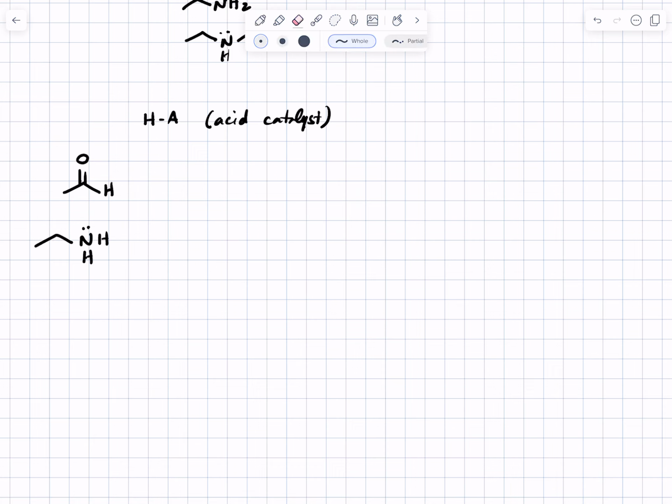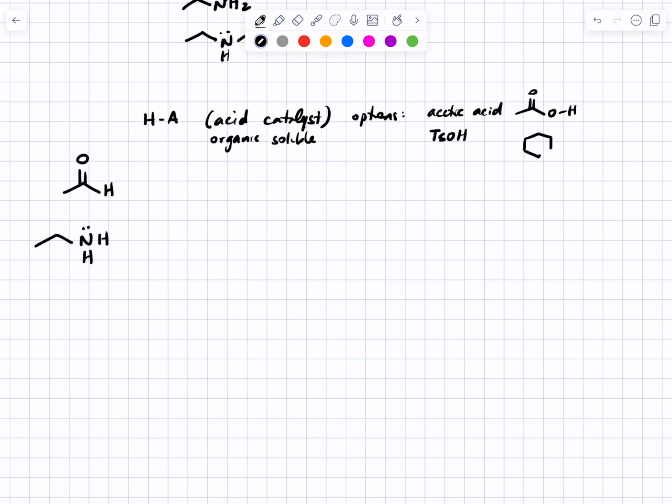Generally the criteria is that it should probably be organic soluble. Good options include acetic acid, which is a carboxylic acid, or another acid that you encountered before, TsOH, para-toluenesulfonic acid.